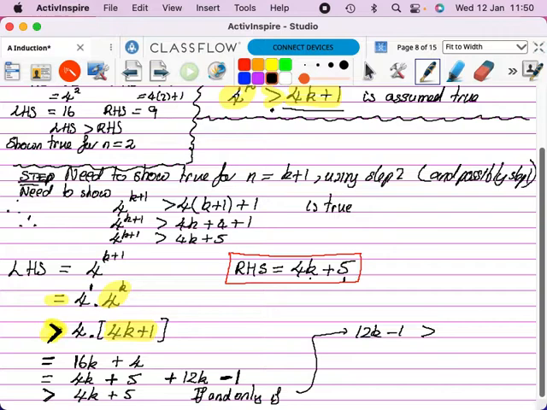If this line here is bigger than 4k plus 5, then the value of this thing here, come on, pause the video, think about it. Yes, you're right. It has to be bigger than 0. It can't be negative.